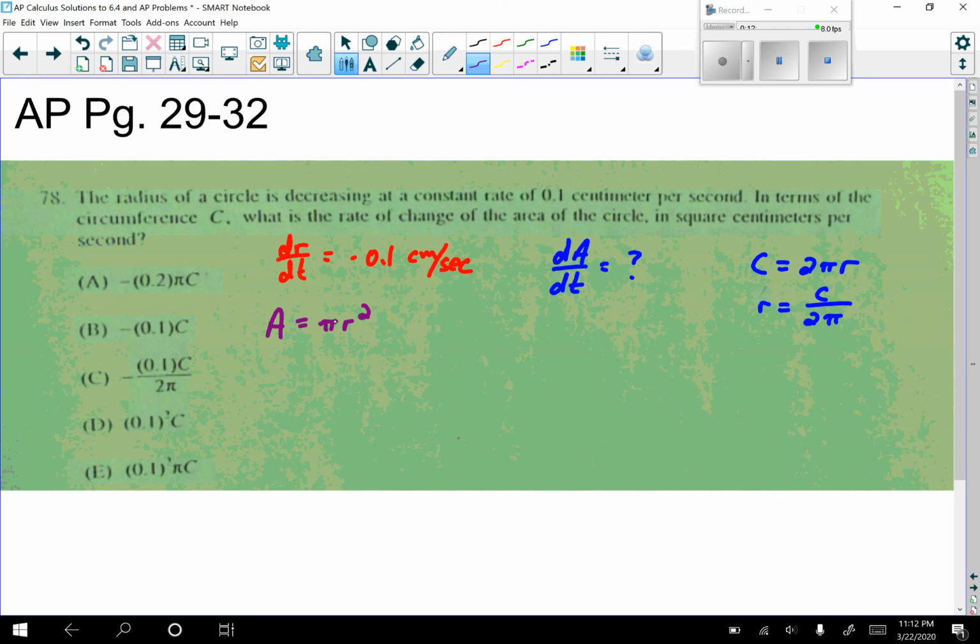Then if we differentiate the area formula with respect to time, we'll have dA over dt equal to 2 pi r times dr over dt. So this will become 2 pi times our circumference over 2 pi, and then dr over dt is a negative 0.1. So dA over dt is going to equal, the 2 pi's divide out, and we're left with a negative 0.1 C, and that's where we're getting B from.